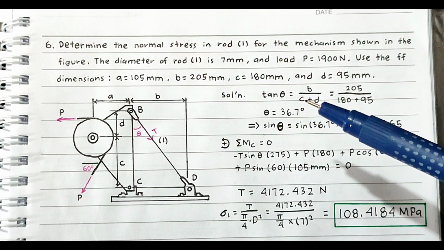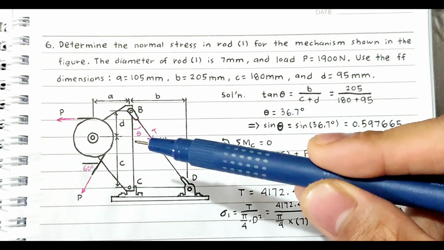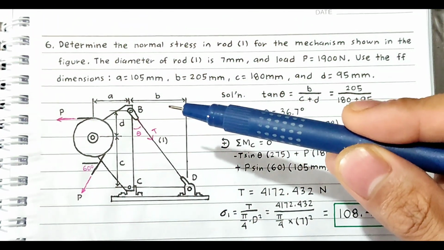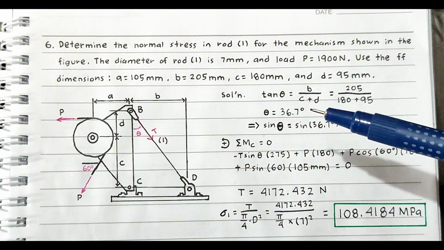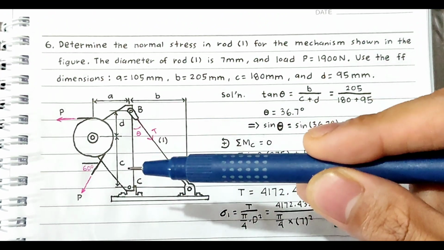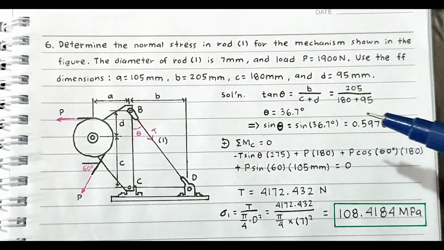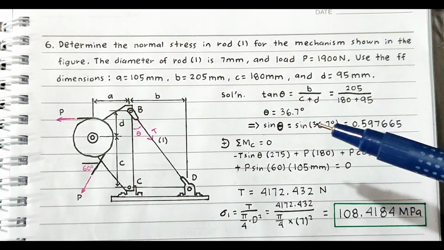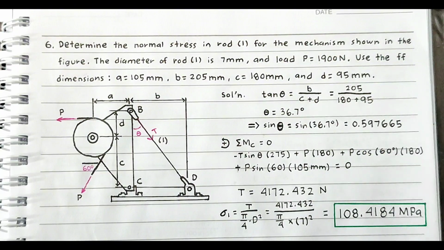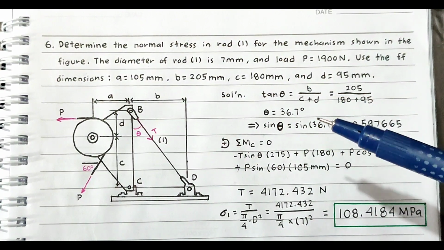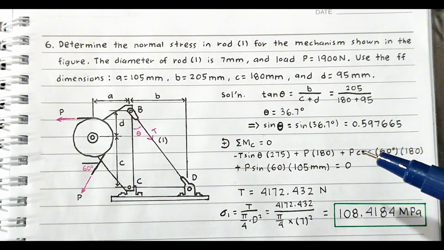Now tangent theta is equal to, this is theta, and the opposite side is here, which is the length of B. And the adjacent side is this portion, which equals C plus D. Now we simply substitute from the given, and we have a theta that is 36.7 degrees. Now we will solve for sine theta, so simply substitute the theta and solve for its sine value.